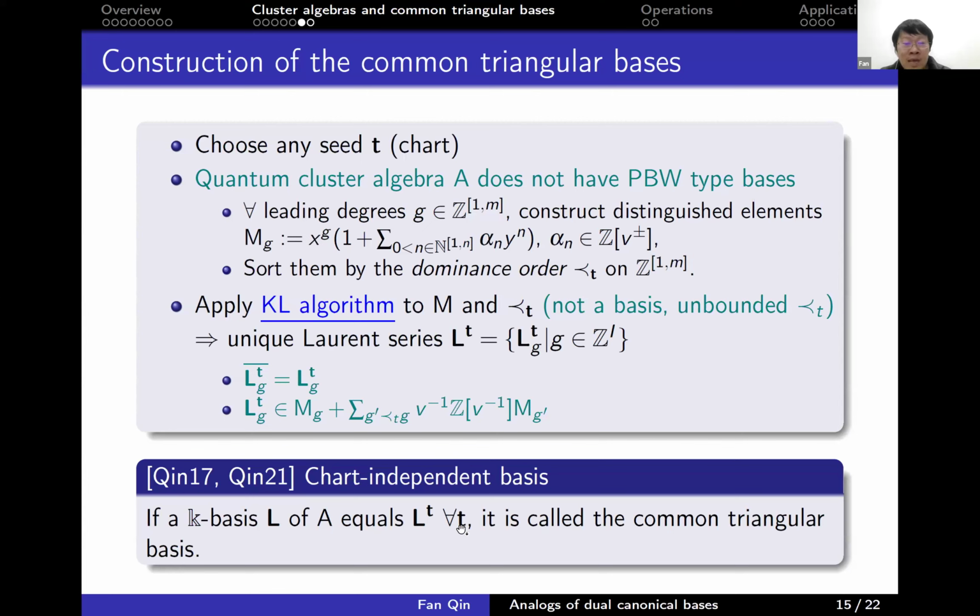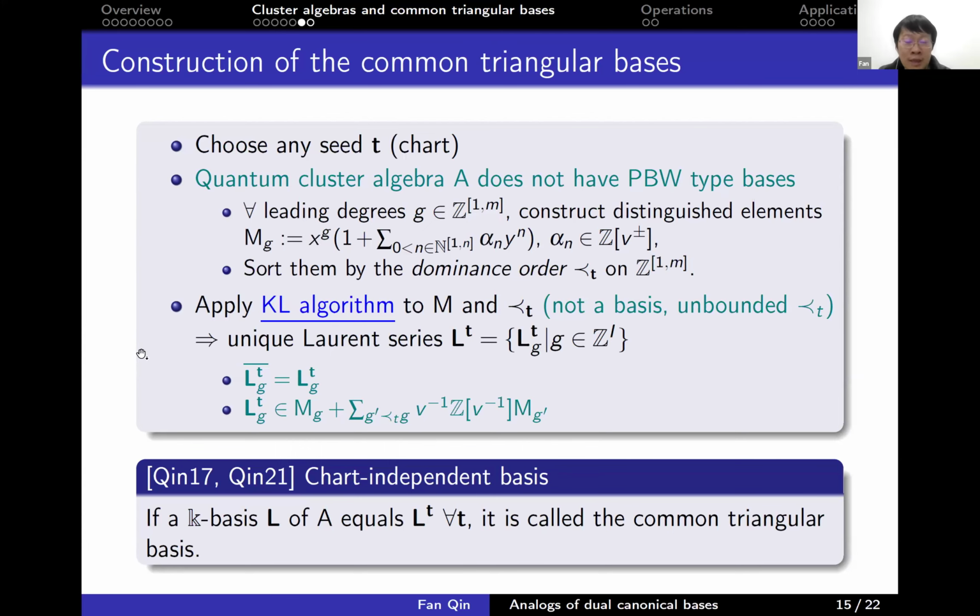So this means that you construct something whose construction depends on your choice of chart, but it turns out that you produce something which is independent of the choice of chart, and moreover, you really produce a basis. Then this is called the common triangular basis. Common means that it is for all charts, and triangular means that you have some triangular transition matrix.